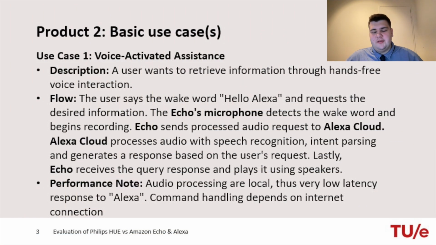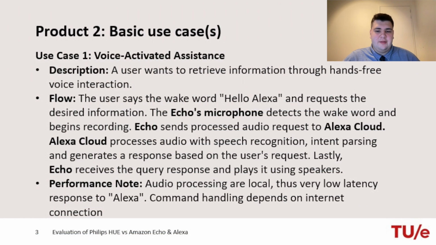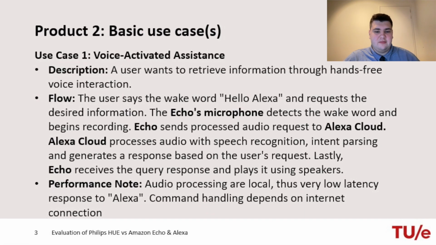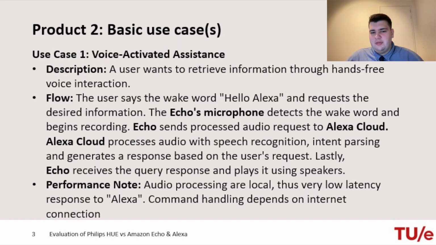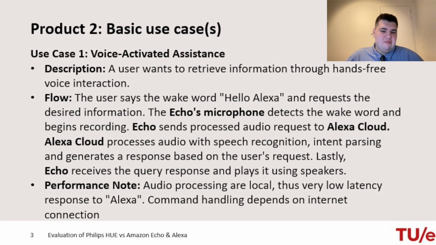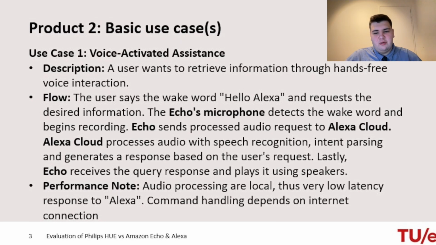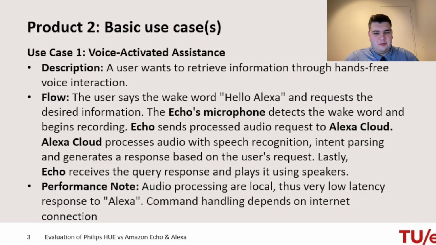Next, we're going to talk about basic use cases. For example, a user wants to retrieve some information through a hands-free voice interaction. The flow is simple. The user says Alexa, namely the wake word, and requests the desired information.